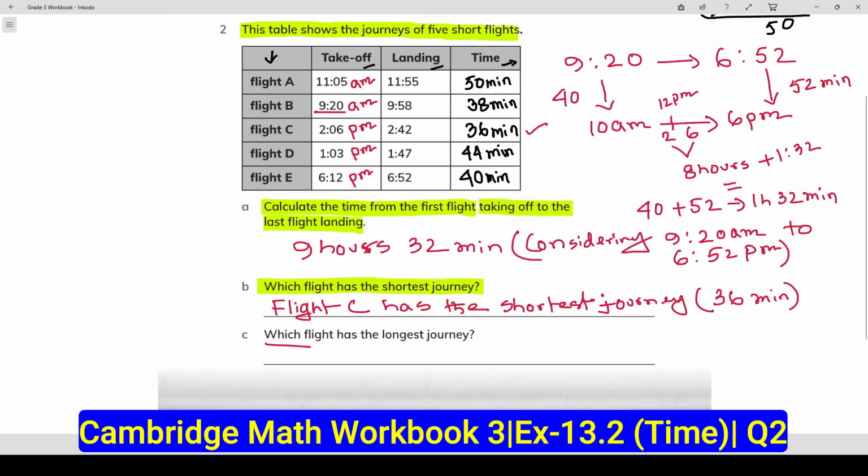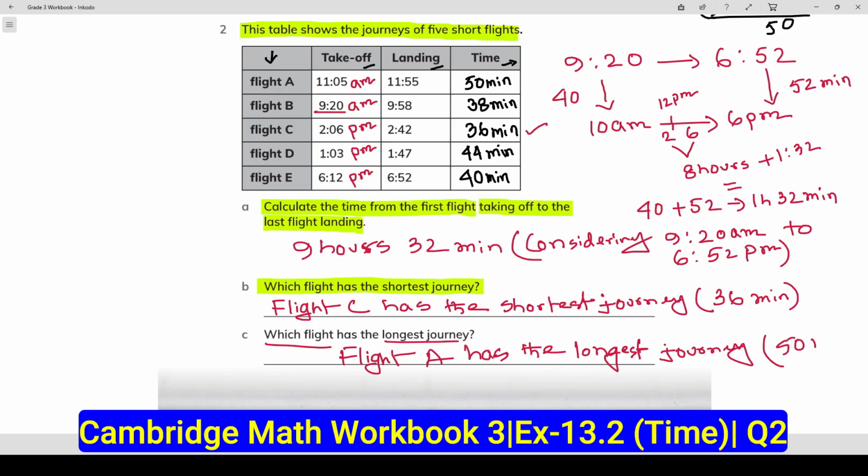Next, which flight has the longest journey? Longest, it means 50 minutes. We can say flight A has the longest journey, which is 50 minutes.